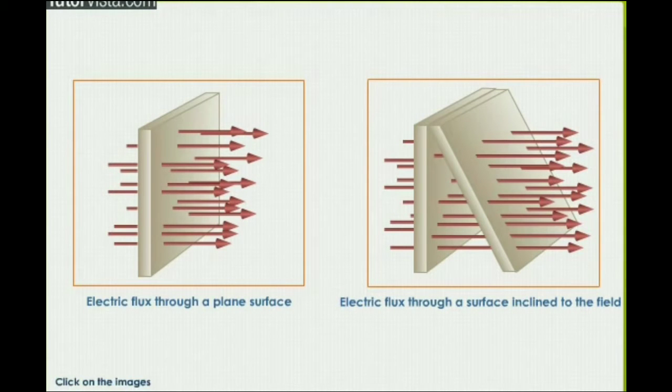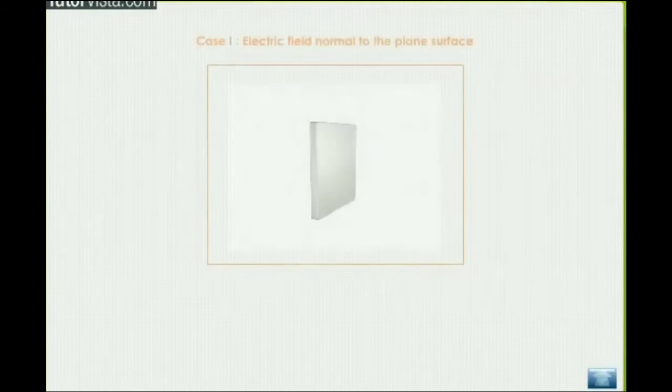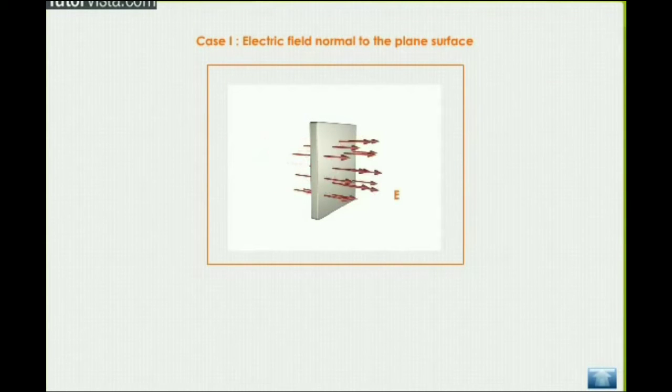See, my children, this is the animation diagram which represents the electric field lines passing through different surface areas. Case 1, electric field normal to the plane surface. See here, electric field lines are passing through the surface area normally.